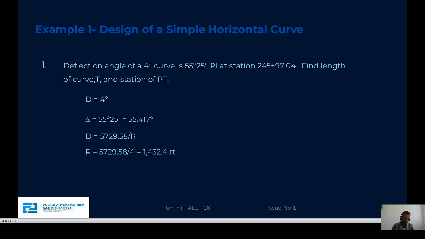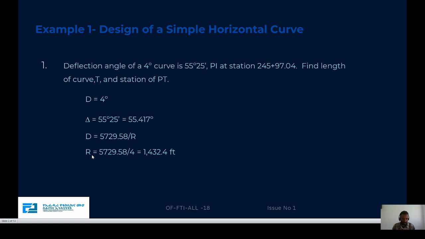The given parts are the degree of curve D equal to 4 degrees, and the total deflection of 55 degrees 25 minutes, which is equal to 55.417 degrees. So the requirement is the relationship between the degree of curve and the radius, which is a given empirical formula.